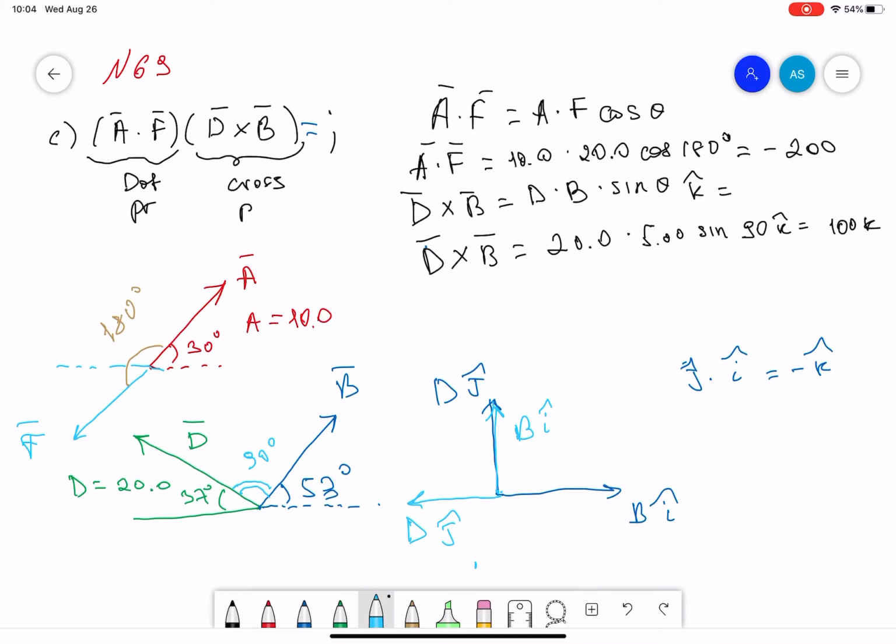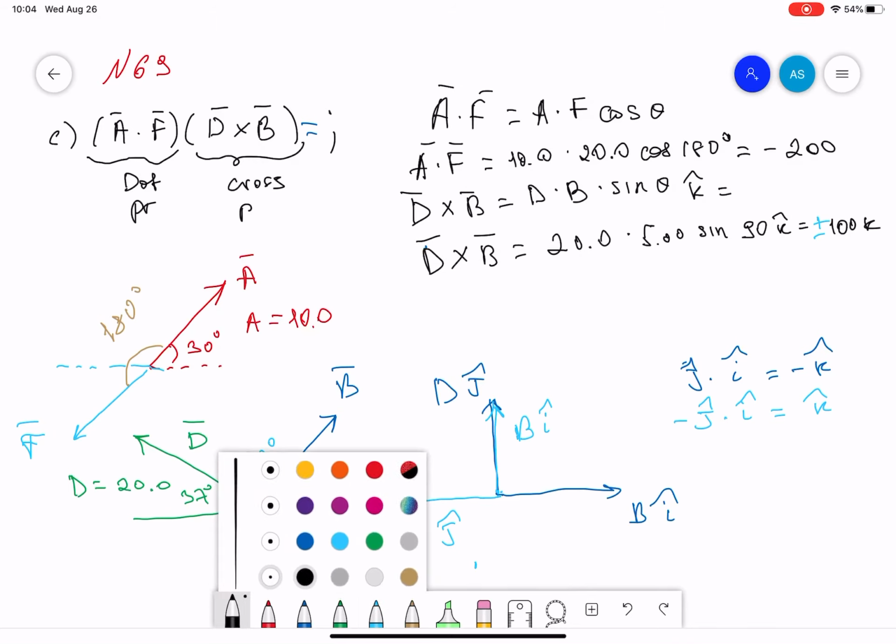So negative j vector multiplied by positive i vector should give you positive k vector. Therefore we can just say here that it might be positive or negative 100k vector.